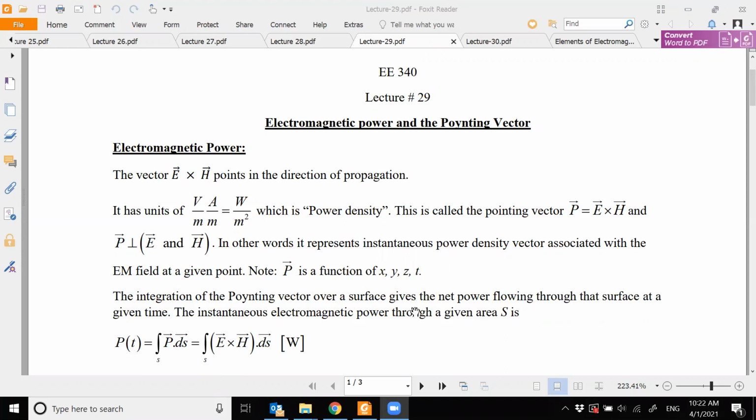But before that, let's take a couple of poll questions. Again, very simple poll questions. Okay, so here is the next one.